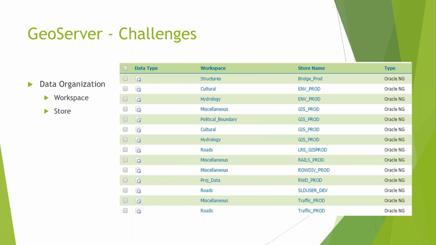One of the things I found challenging when we first started with GeoServer, and I just wanted to mention this, was how the data is organized inside GeoServer. There's a workspace and a store name. The way I started looking at this was that a workspace is like a category, and a store name is the actual database it's being pulled from.